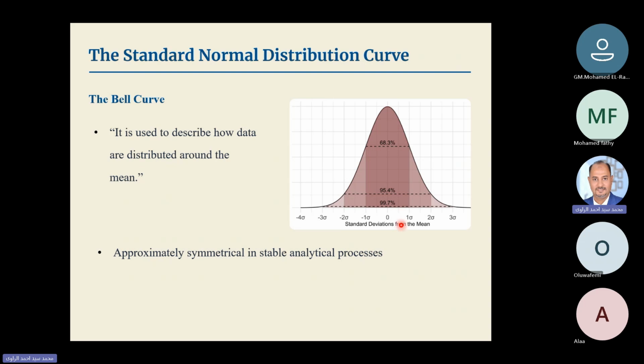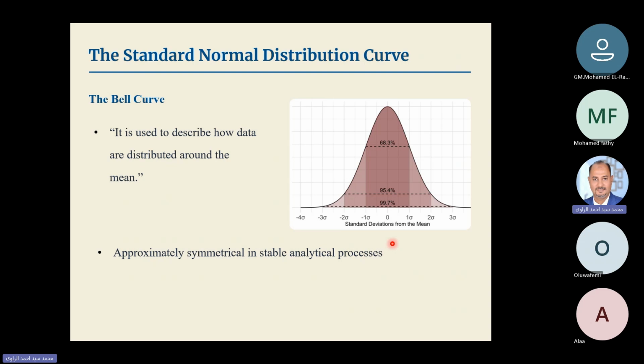So the normal distribution helps us decide which hypothesis test to use in our statistical calculation. How can we determine if our data in the lab follow a normal distribution or not?